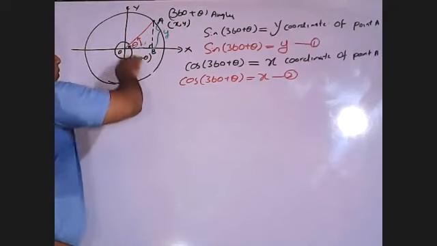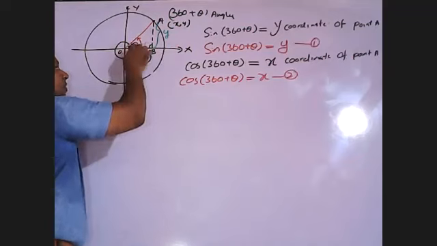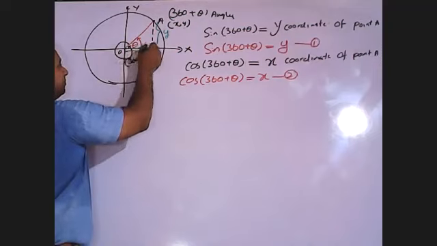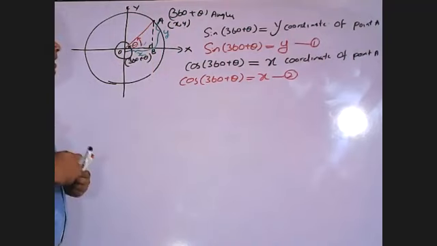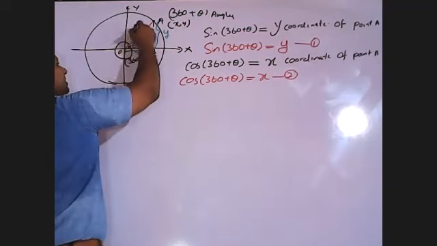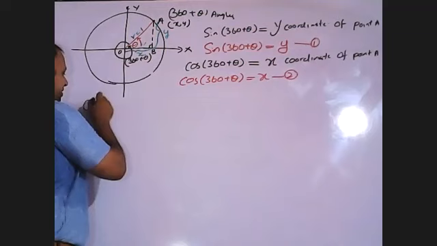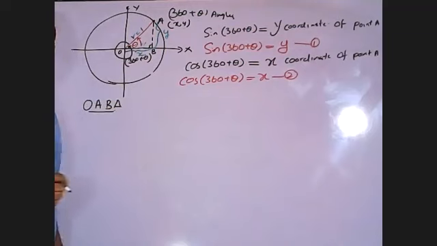Then OB. OB is equal to the x coordinate of point A. And the hypotenuse is equal to 1 because this is a unit circle. Now I can use the OAB right angle triangle to determine the trigonometric ratios of theta.